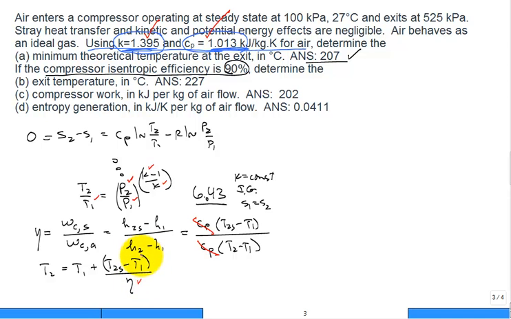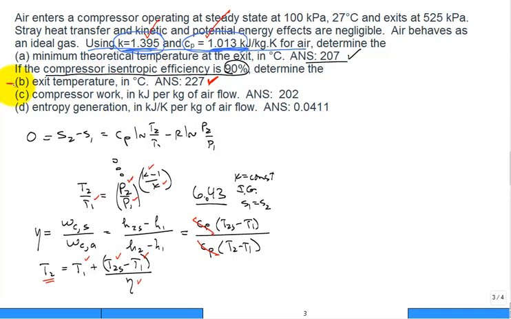We put in our temperature T1, it's 300 Kelvin, T2S, which was, I forgot now, 480 Kelvin, and then the 300 Kelvin, and you calculate then the T2 in Kelvin comes in at 499.9-ish, and then you convert that over to degrees C and you get the same answer as what we had for accounting for variable specific heats. All right, so that's how you get the answer for part B.